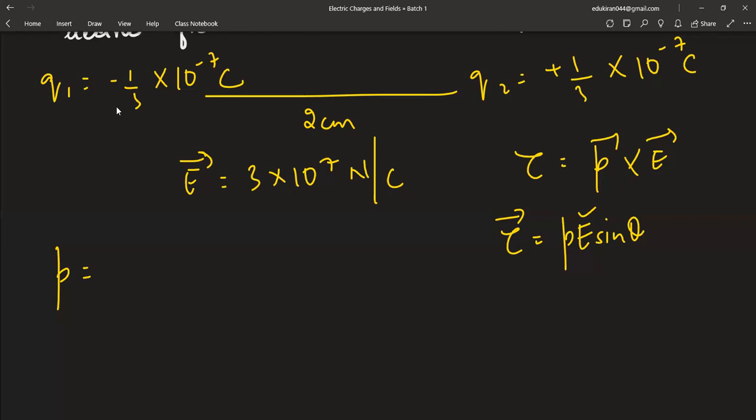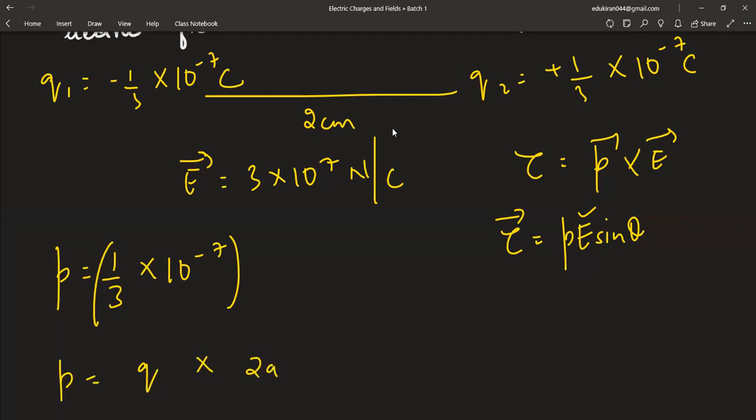There wasn't even a need to know what these charges are, because you just require the magnitude, which is 1 by 3 into 10 to the power minus 7. This is the charge. See, dipole is Q into 2A. 2A is the separation between these two, which is 2 centimeters, so this is into 2 into 10 to the power minus 2. This much coulomb meter is the dipole.